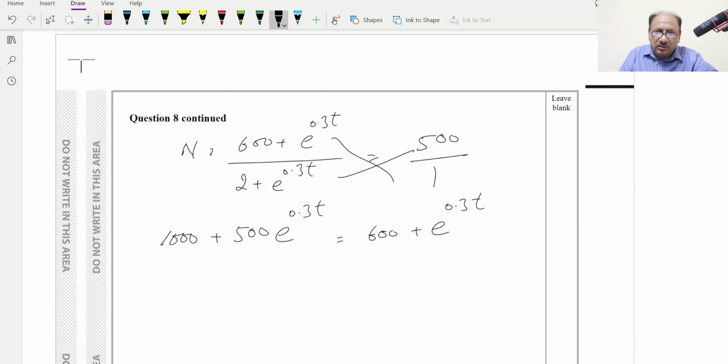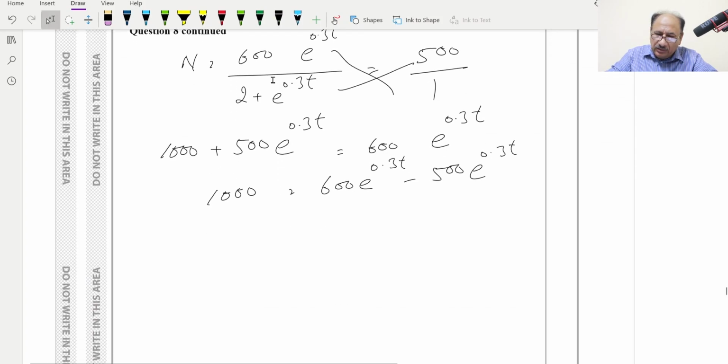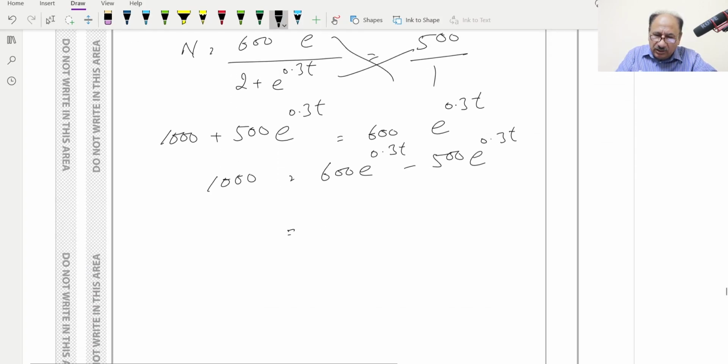And now we can simplify this 500 e to the 0.3t and 600 e to the 0.3t. The plus is not here, so it should be removed. So now we can write it as 1000 is equal to 600 e raised to 0.3t minus 500 e raised to 0.3t, and this will be 600 minus 500, which is 100 e raised to 0.3t, equal to 1000.